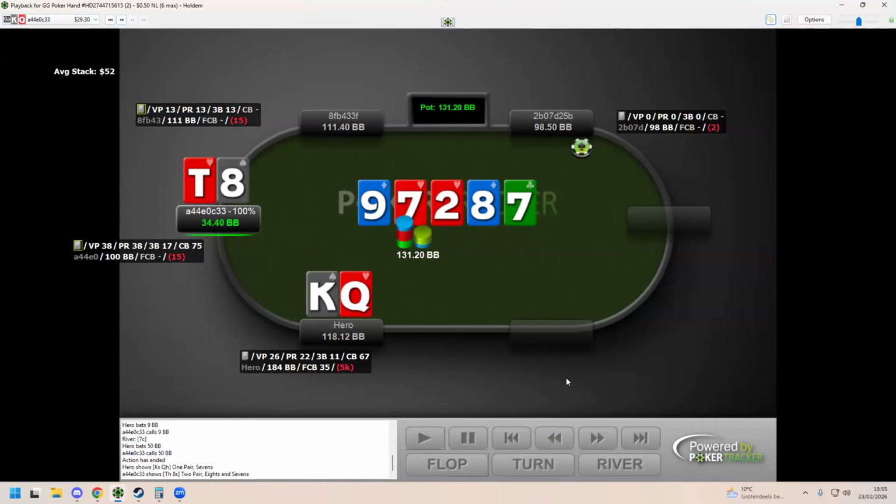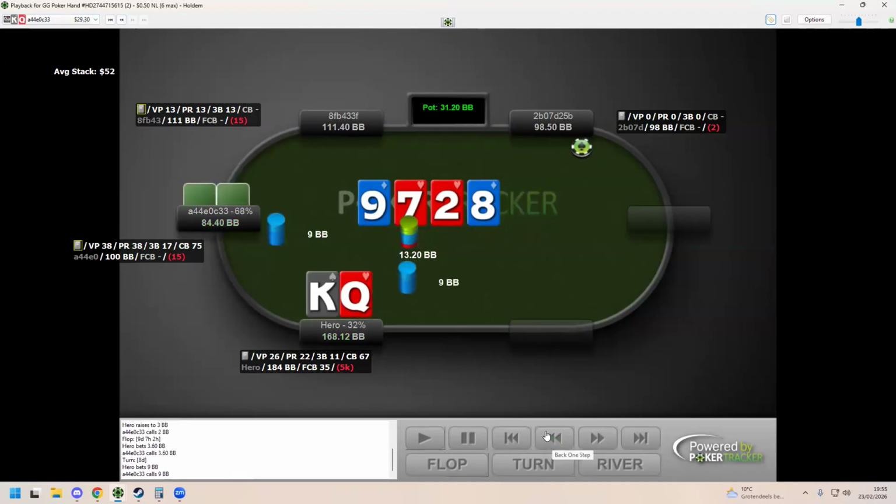Check the flop. You see why the 8 is so problematic for you, right? When you choose to bet the flop and he calls, and the 8 comes, you see why the 8 is so good for him. It gives him a lot more straight draws, even maybe some extra flush draws.